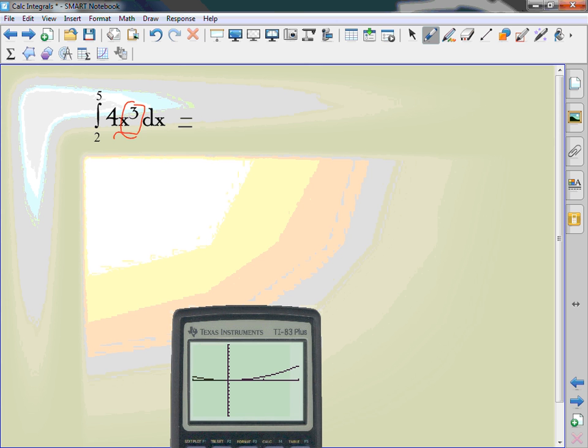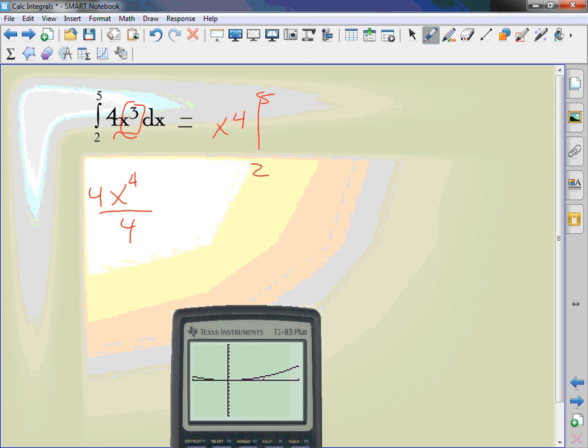I don't even care about the constant or the coefficient. X to the 4th, because I just raised the exponent by 1. Take that, put it on the bottom. Put the coefficient back. What's 4 over 4? 1. So it's just x to the 4th from 5 to 2, or from 2 to 5.